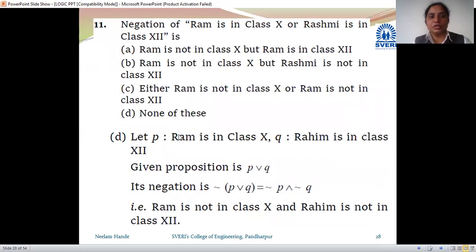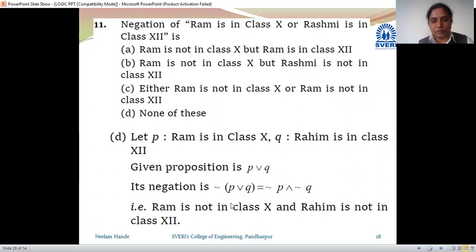Once again, the negation of Ram is in class 10 or Rahim is in class 12. This is the statement. The first is P, the second is Q, and given is P or Q. We have to write the negation.